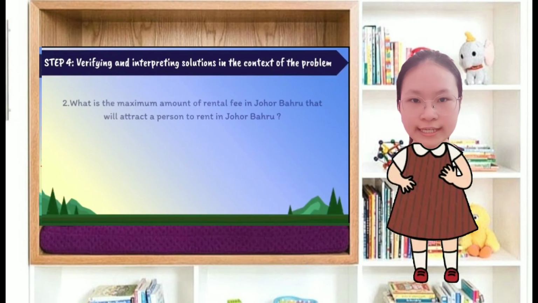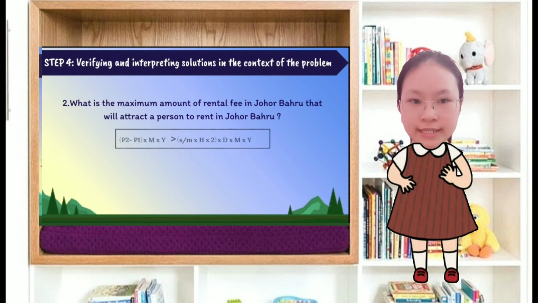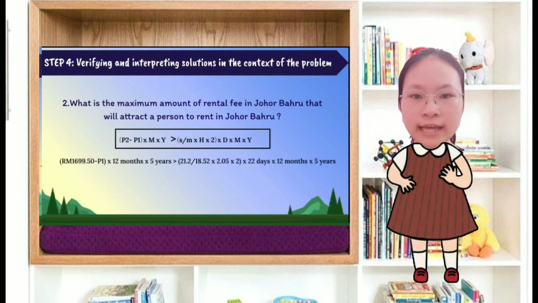The second question is, what is the maximum amount of rental fee in Johor Bahru that will attract a person to rent in Johor Bahru? Using the same formula, 1,999 ringgit and 50 cent minus P1 times 12 months times 5 years is greater than 21.2 over 18.52 times 2.05 times 2 times 22 days times 12 months times 5 years, and P1 is less than 1,596 ringgit and 32 cents.